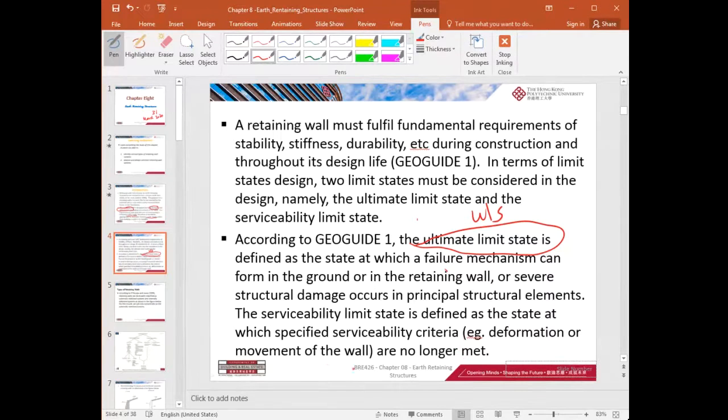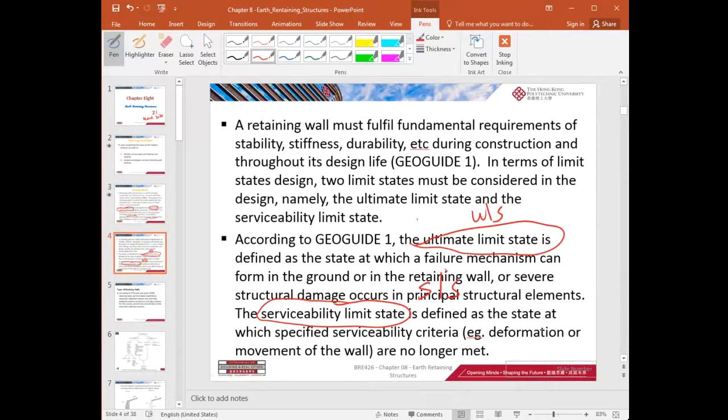And the other important aspect of consideration is the SLS, the serviceability limit state. I think you should be familiar with these two concepts, ULS and SLS, in your design of structures, whether RC or steelworks.